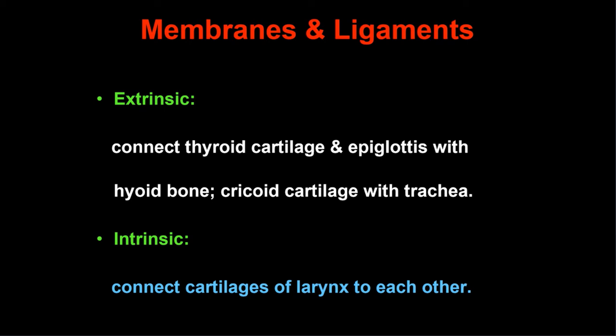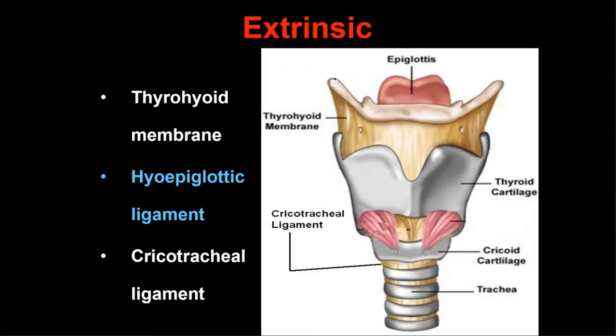An intrinsic membrane is the membrane which connects the laryngeal structures, the cartilages of the larynx, to each other. And an extrinsic membrane runs from the thyroid cartilage to, for example, the hyoid bone or tracheal rings. So these are the extrinsic membranes.